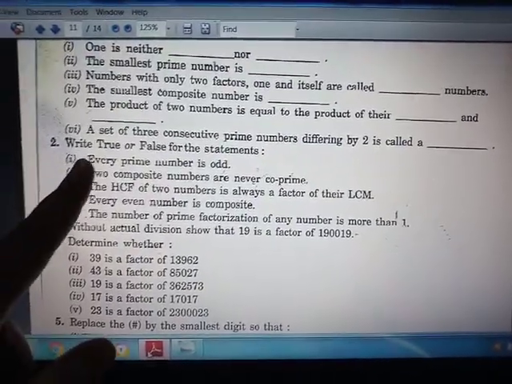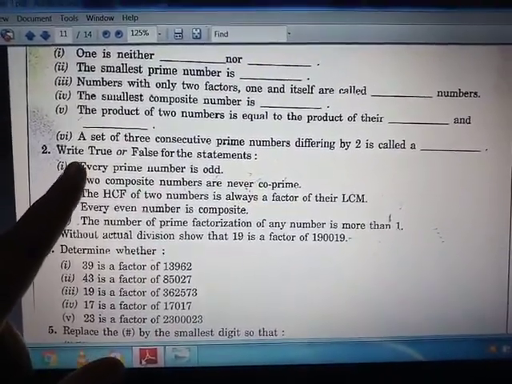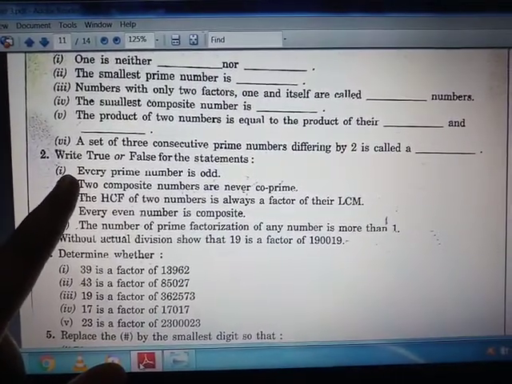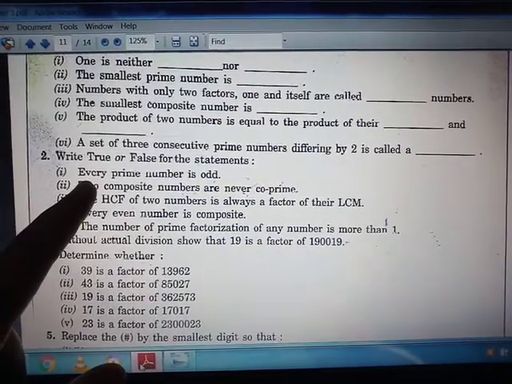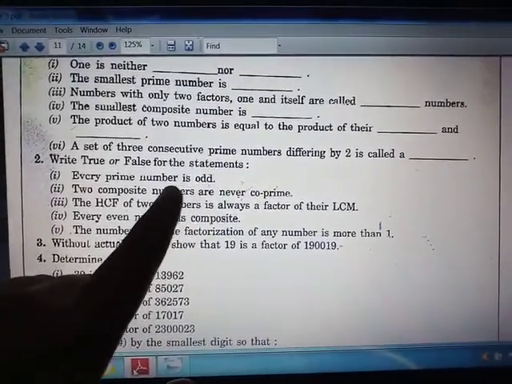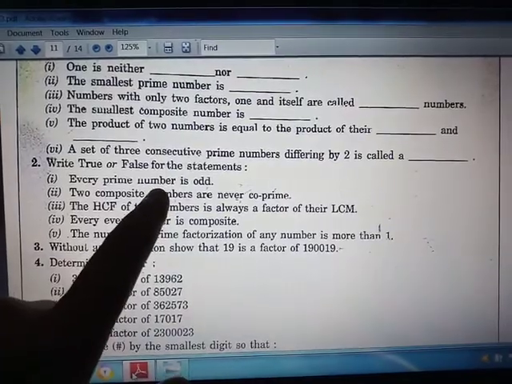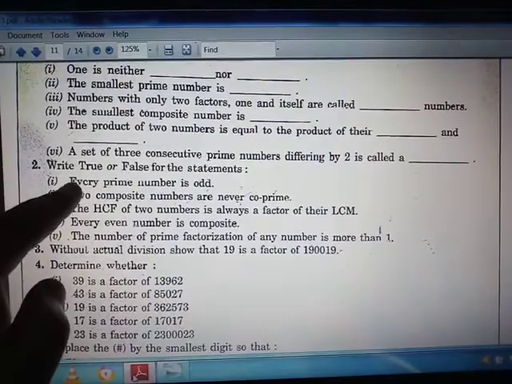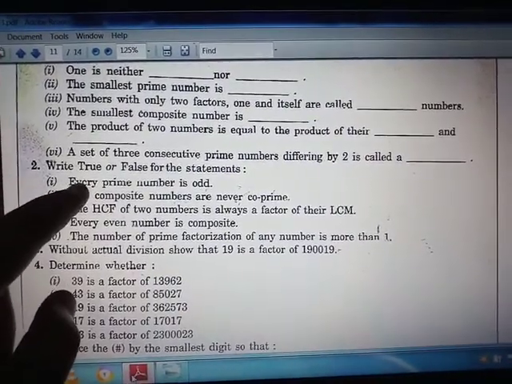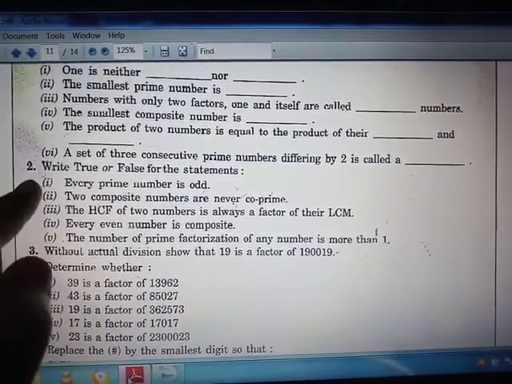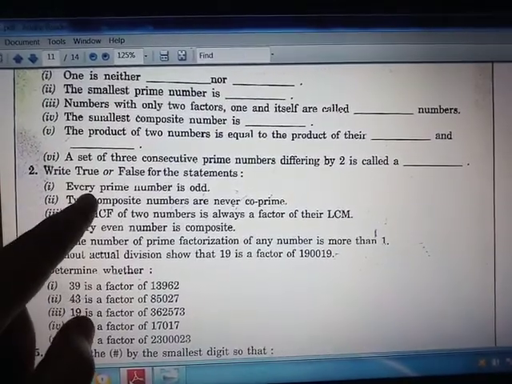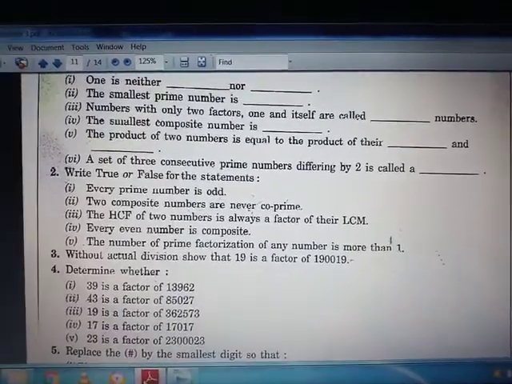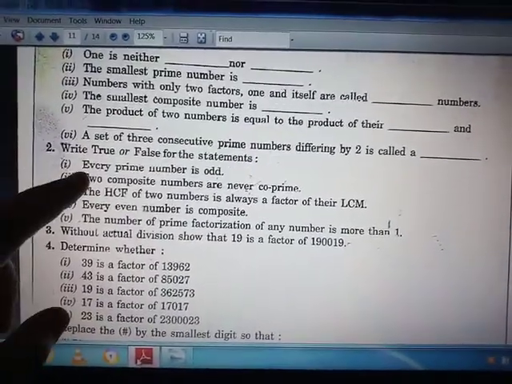If we did not include 2, then this would be a true statement, but here it is not written that we should exclude 2. As I told you earlier, it is true except 2. So this statement we will consider false.